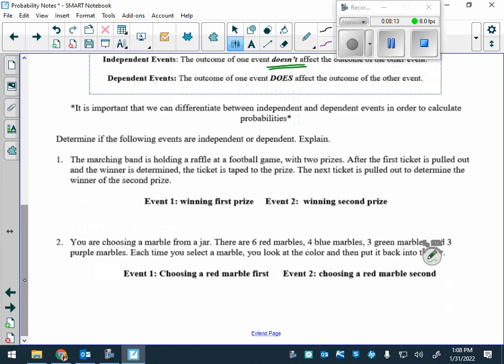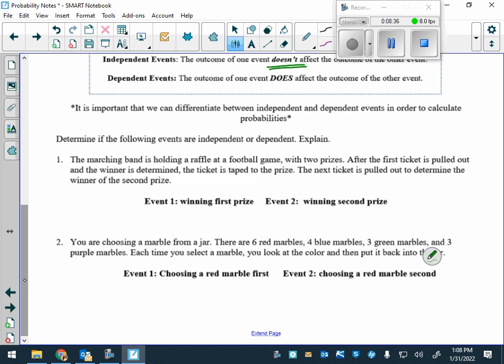So if we look at this first example, the marching band is holding a raffle at a football game with two prizes. After the first ticket is pulled out and the winner is determined, the ticket is taped to the prize. The next ticket is pulled out to determine the winner of the second prize. So event 1 is winning the first. Event 2 is winning the second.